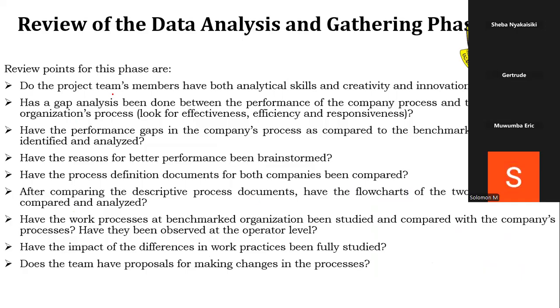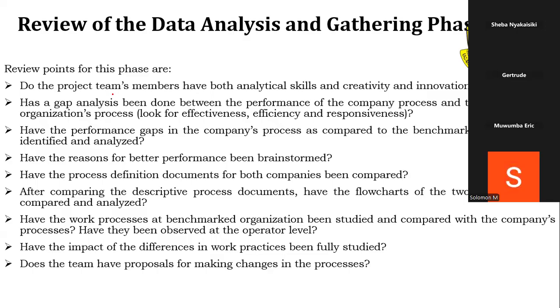So here are just some of the review questions that can help guide this data analysis part. Do the project team members have both analytical skills and creativity and innovation? Do you guys have the ability to actually analyze this data? Has a gap analysis been done between the performance of the company process and that of the best practice organization?